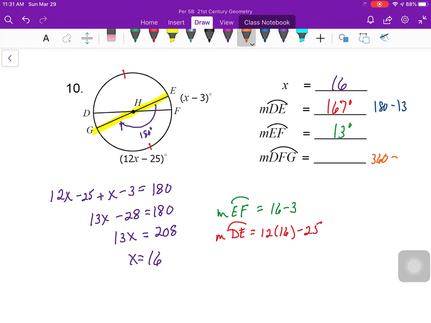So DFG is going to be 360 minus 13, 347. Okay. And that should be enough.